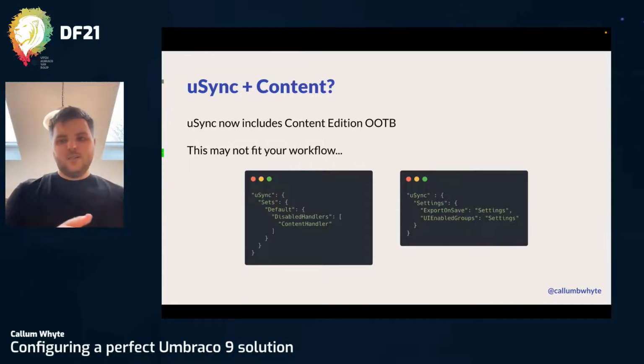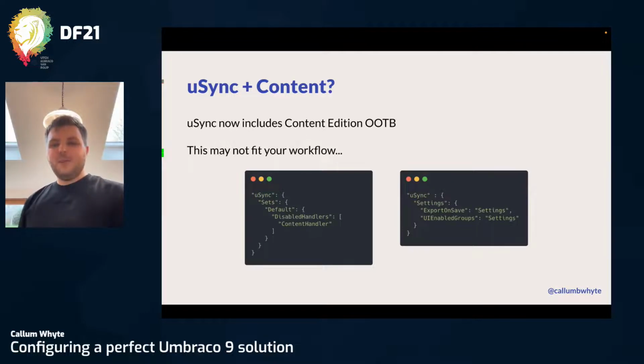This would allow us to effectively eradicate the content option from the UI for a user, and there's no way developers will ever be able to trigger it. This is particularly helpful when you're using some of the add-ons for uSync. So if you're doing Vendr and you have Vendr uSync, you can supply a comma-separated list here. If you want to say, well, I want to be able to export settings, but also Vendr, you can just say settings, comma, Vendr in both of those cases.